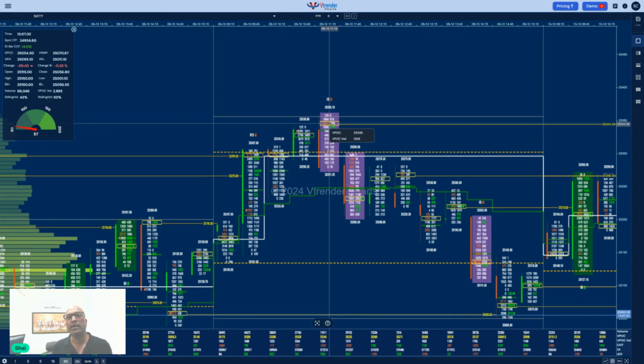At current count, there are about 175 odd registered FIIs, maybe even more, and there are a lot more DIIs. Not everybody trades the same way, and not everybody carries the same bias. So sometimes we make the mistake of understanding FII intent as one person or one office or one entity. That's never the case.